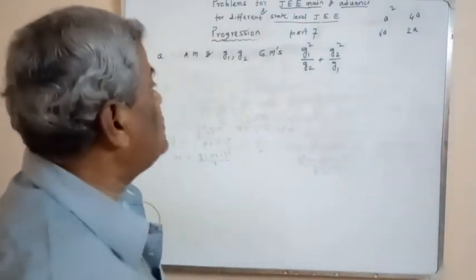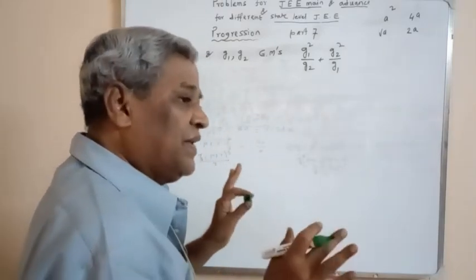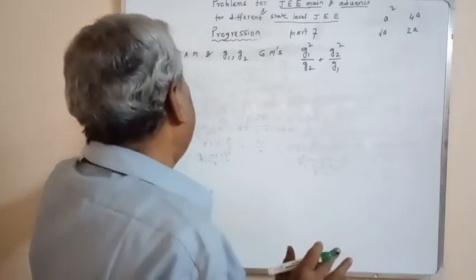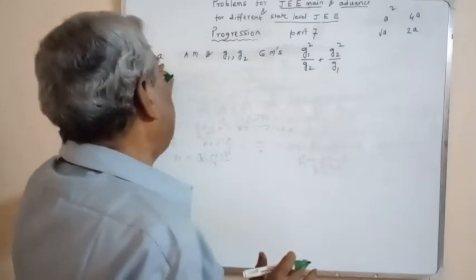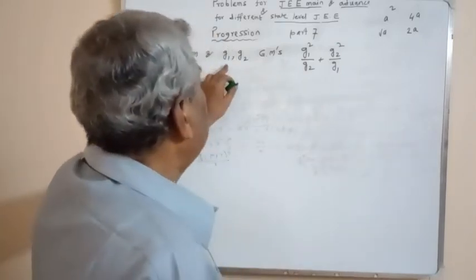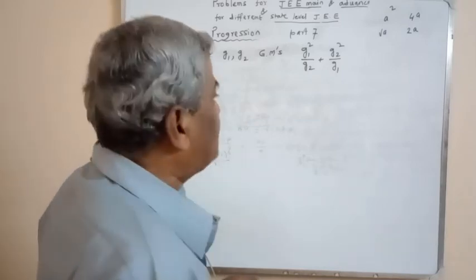So the problem is, two numbers are given, these two numbers are unknown, and A is one arithmetic mean between those two numbers X and Y, and G1 and G2 are two geometric means between these two numbers.